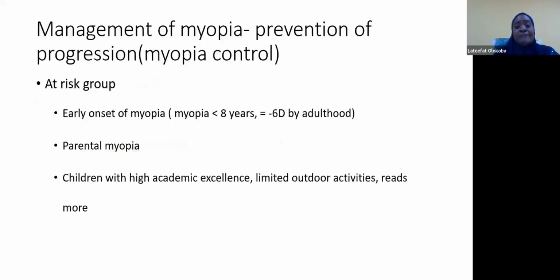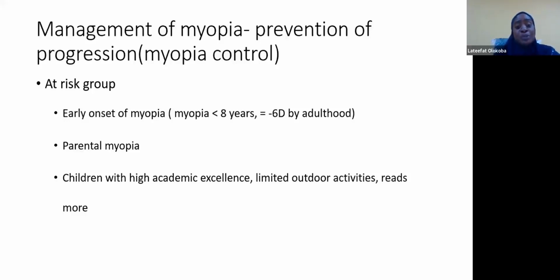So in children that have come down with myopia, they are at risk of developing several complications and blindness from it.